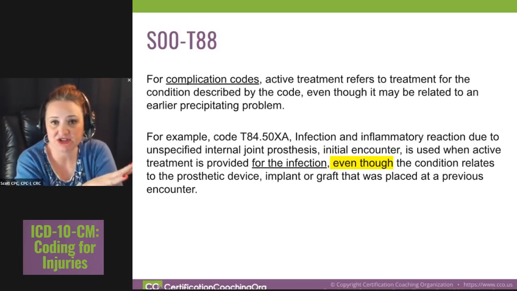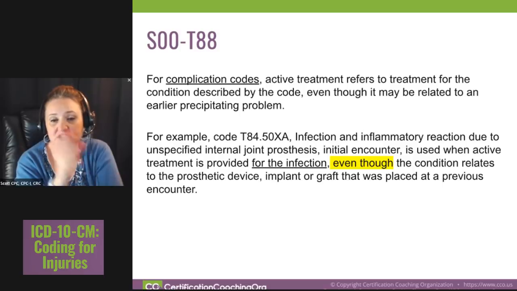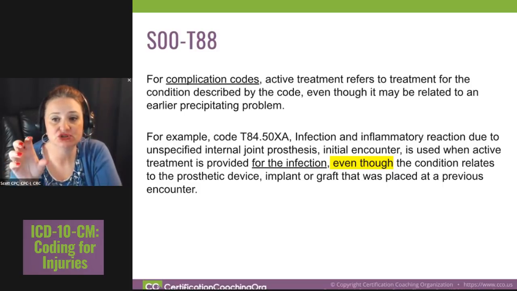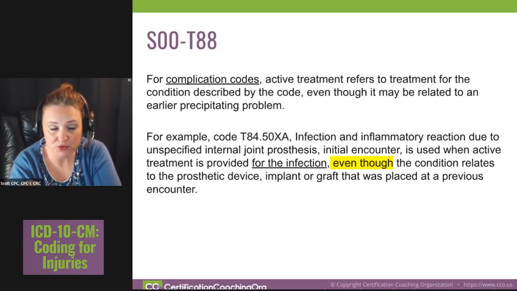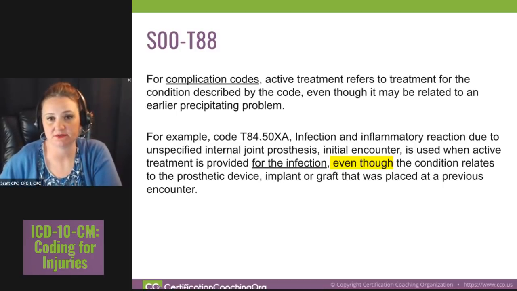We probably had an initial encounter before, right? Because they replaced a joint, and they had their initial encounter, and we were into the healing process, but now we have an infection or an inflammation, and it's due to the prosthetic. So we're back to an initial encounter, because that's the treatment, not whatever was the causal reason to replace the joint.